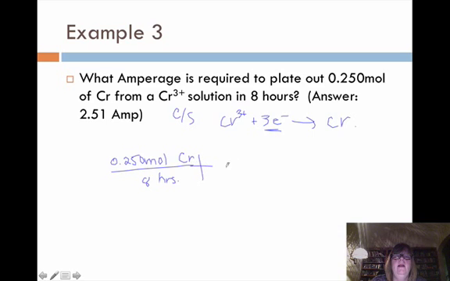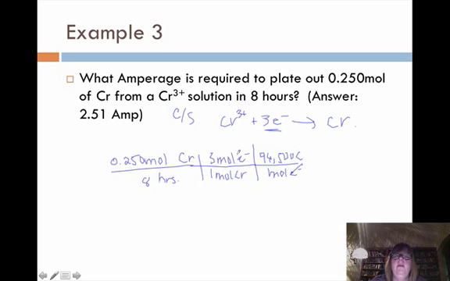Per mole of chromium, there are 3 moles of electrons. Let's get those hours to seconds in a minute. Let's do this 96,500 coulombs per mole of electrons.